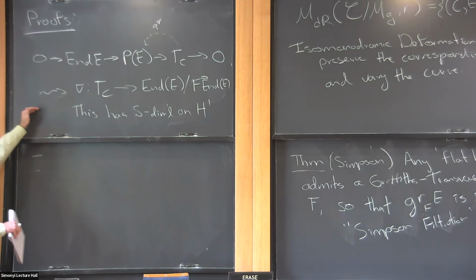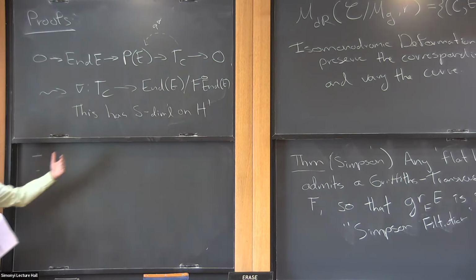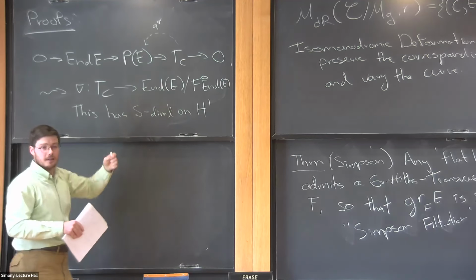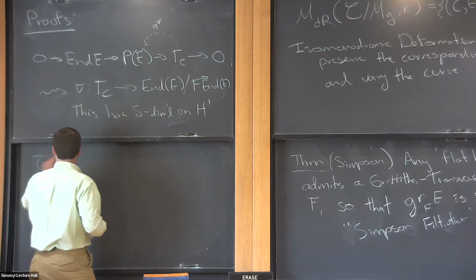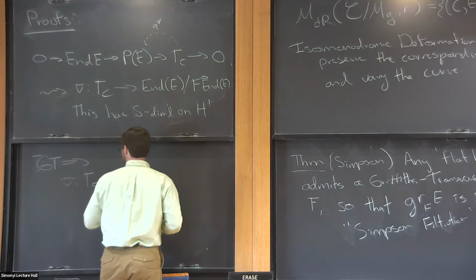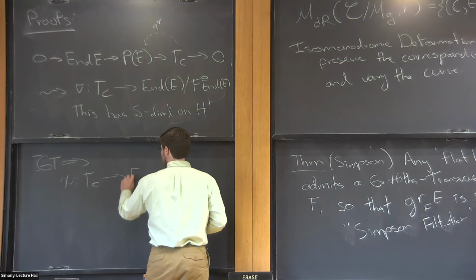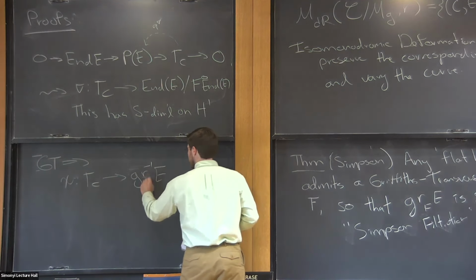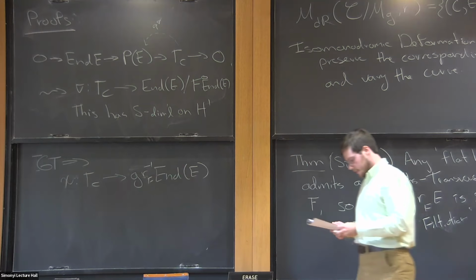But we're deforming the Simpson filtration. And the whole point of a Simpson filtration is that it's going to be Griffiths transverse. And Griffiths transversality means that it doesn't just break the filtration, it breaks it by precisely one piece. So Griffiths transversality is going to imply that this map actually induces a map to specifically those endomorphisms of E that break the filtration by precisely one piece.